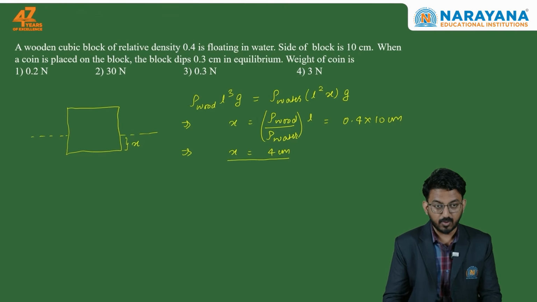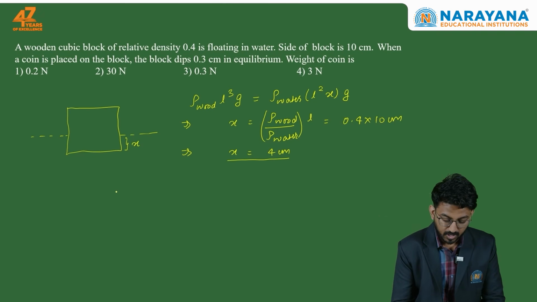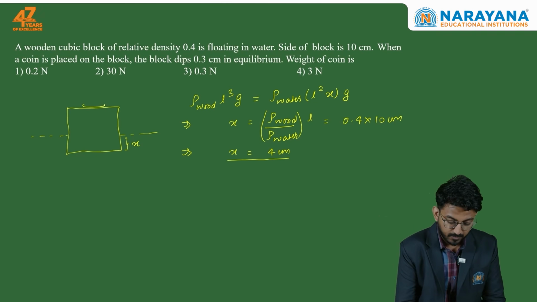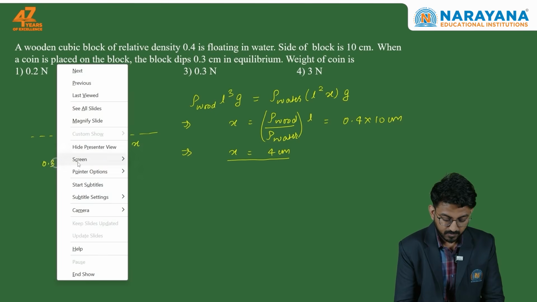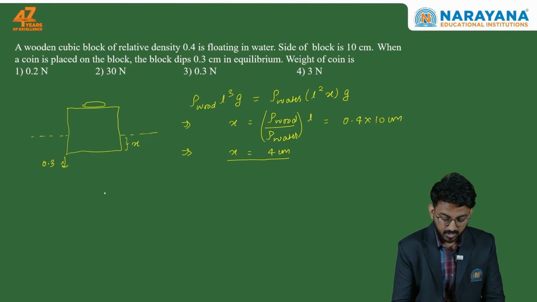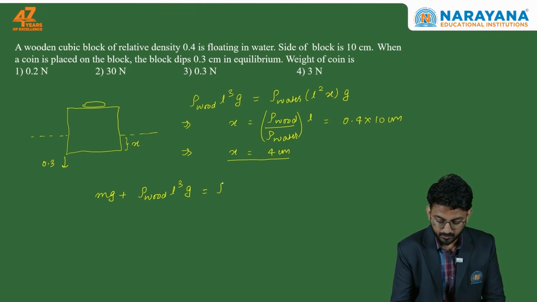So 4 centimeter was already inside water. Now because of the weight of the coin, 0.3 centimeter goes down further. So same equation we'll write down, but in this case with the weight of the coin, and this will further go down by 0.3 centimeter. So you can see here mg is the weight of the coin plus weight of the wooden block is equal to buoyant force.